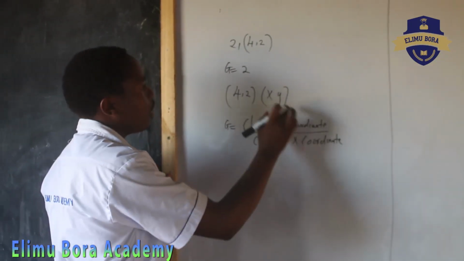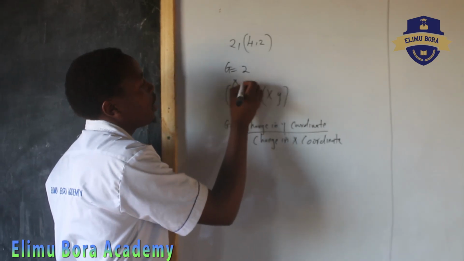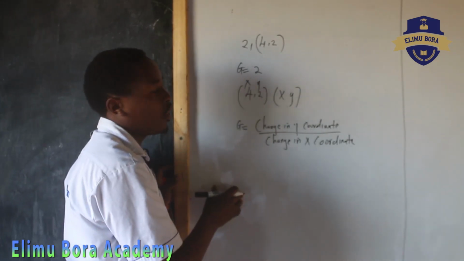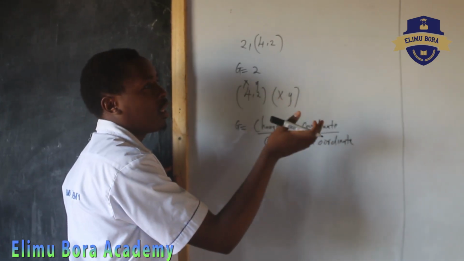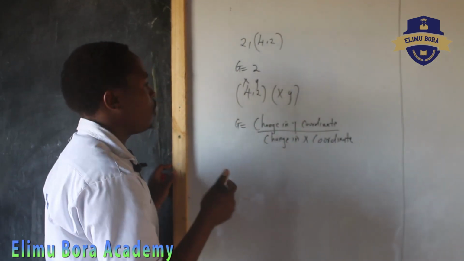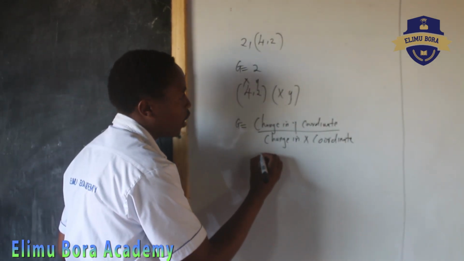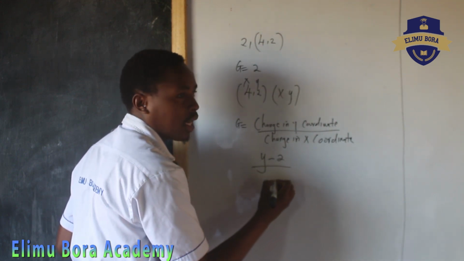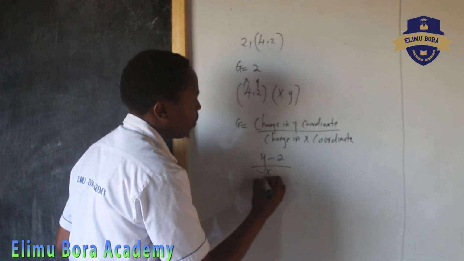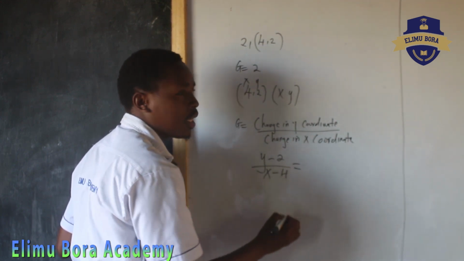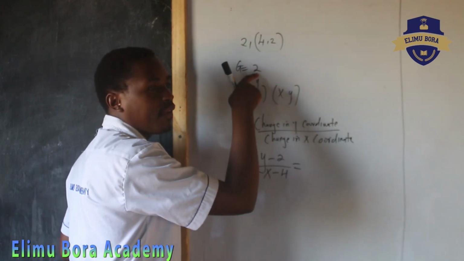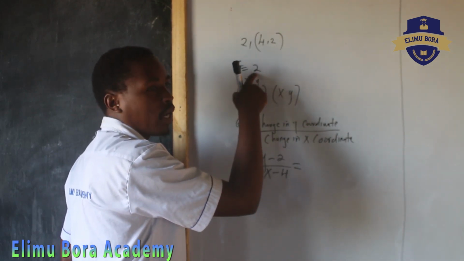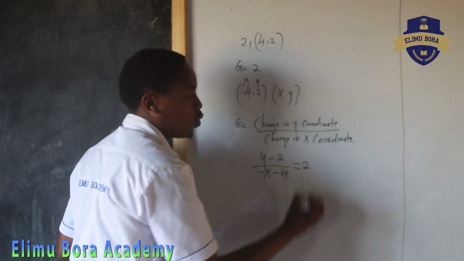Now, here we realize we have x and y. So we started from there, on the right side going to the left? To the left. Whereby we are going to take y minus 2 over x minus 4 is equal to which gradient, class? Already given, the known gradient there is 2.